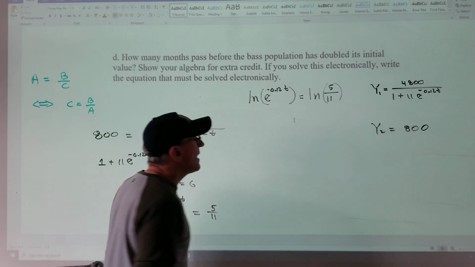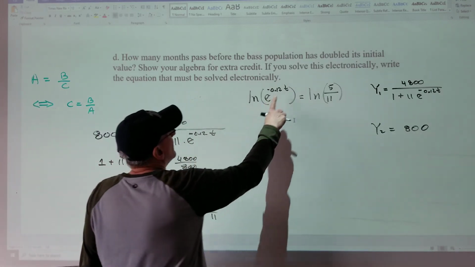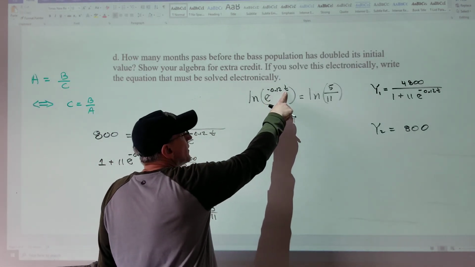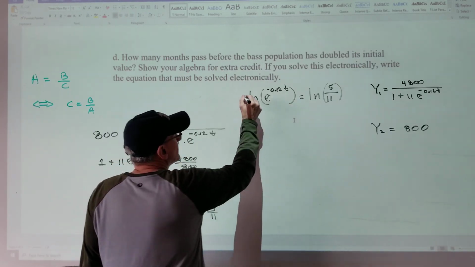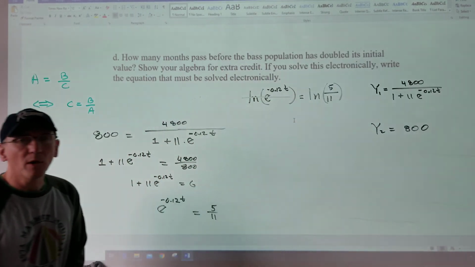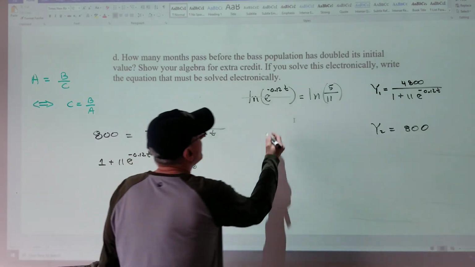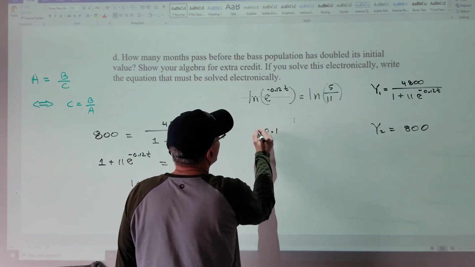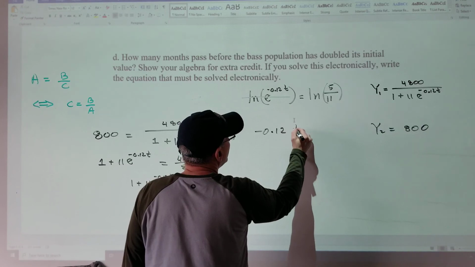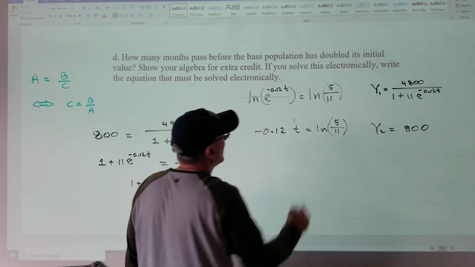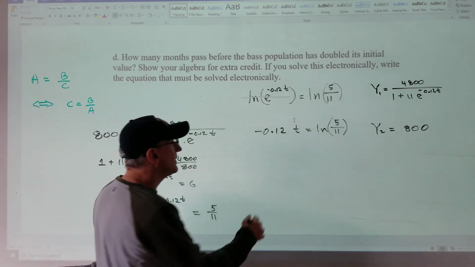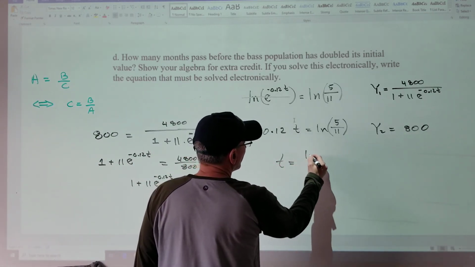The point of doing that was to get to this variable, which right now is in the exponential position. So I use the natural logs because of the inverse properties of logs and exponents. I'm very close to the end now, kids. I have negative 0.12t equals natural log of 5 elevenths. And go ahead and divide by negative 0.12 and get your calculator ready.